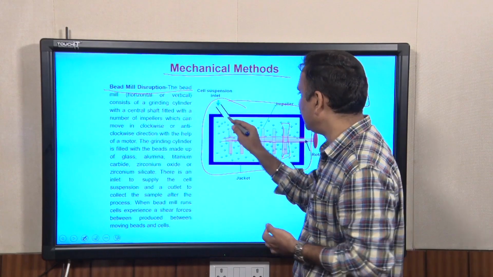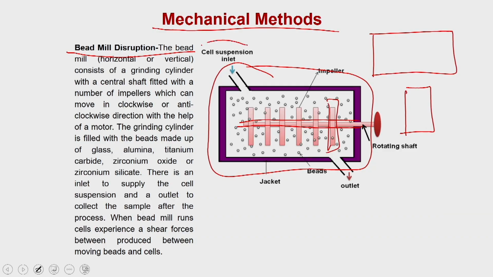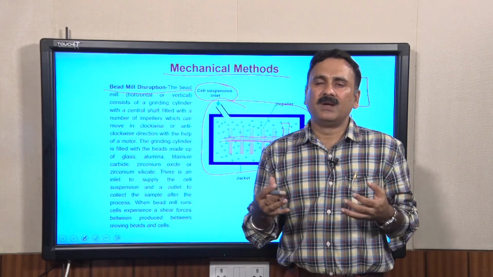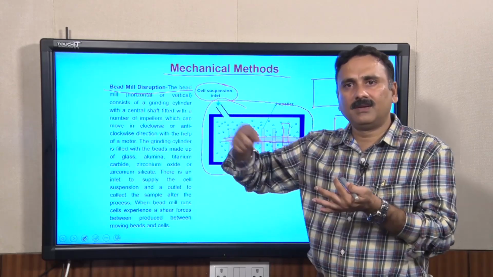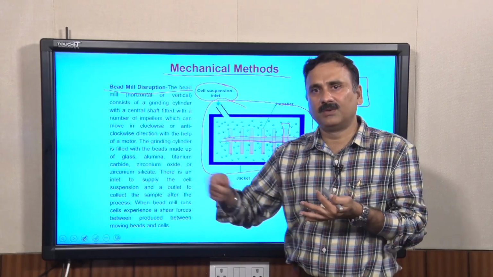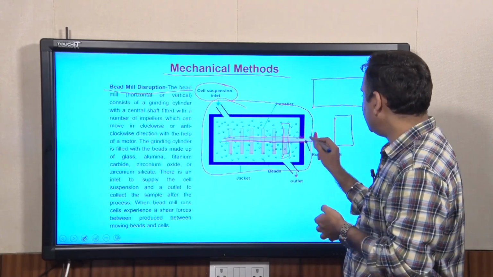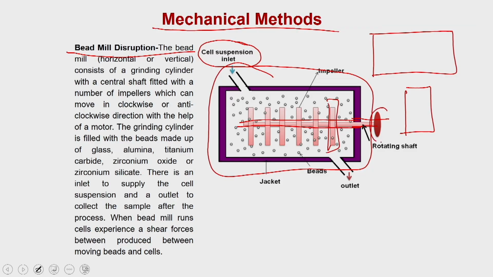You can add different types of beads, and then you put in the cell suspension. This is exactly what you might see with a cement mixer at any construction site. The process is also the same, and this shaft is connected to a motor.